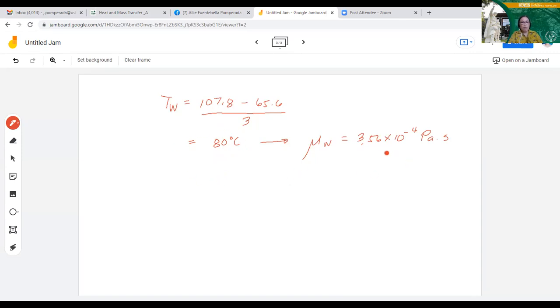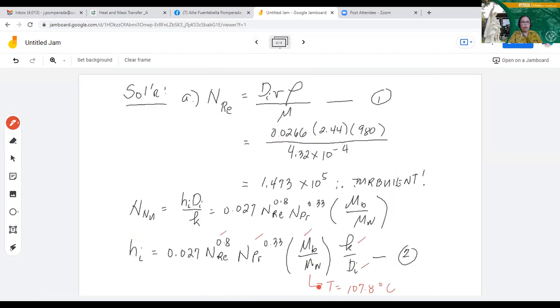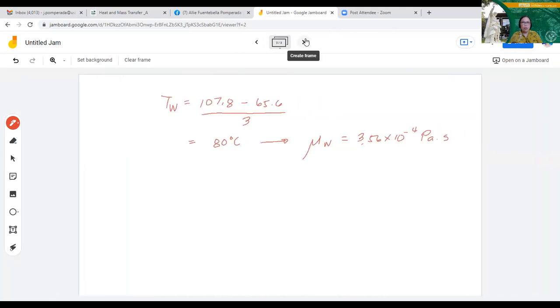Now knowing the mu sub W, the viscosity at the wall, you have everything known already. Everything I have checked already, that would give you the H sub I, the one being asked in letter A. From equation 2, that way we can save time.